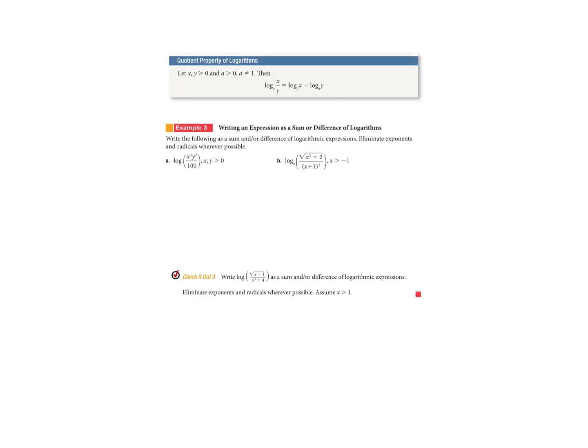All right, and our next property. So we talked about what happens when you multiply two things, and what happens when you divide these two things. When you multiply two things together, you add them with exponents.